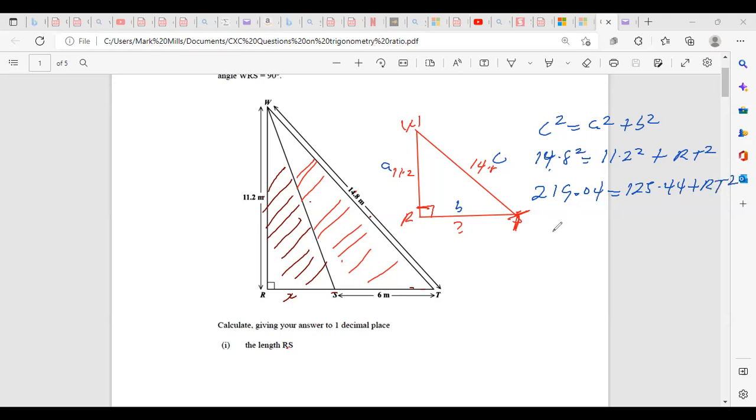Now, what do we do next? I want to find RT. How do I find RT? We subtract, right?